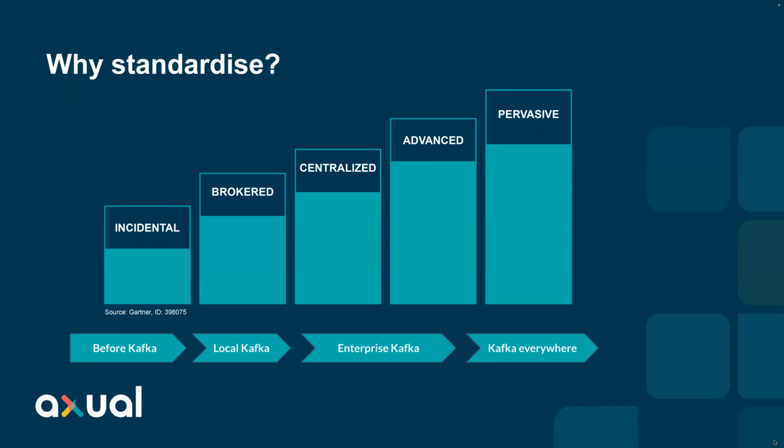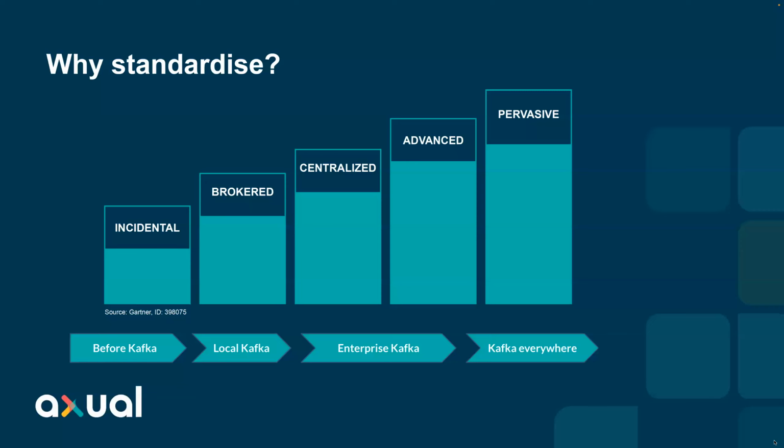So then we enter the brokered phase. Typically what we see is that many organizations do that, and it's easy to do, but because it's easy to do, many projects also start doing that in an organization. It's not uncommon for a company to all of a sudden have maybe 5 or even 20 Kafka clusters running somewhere, all with different levels of availability requirements, different levels of maintenance procedures.